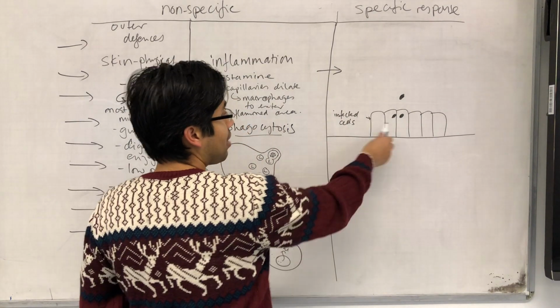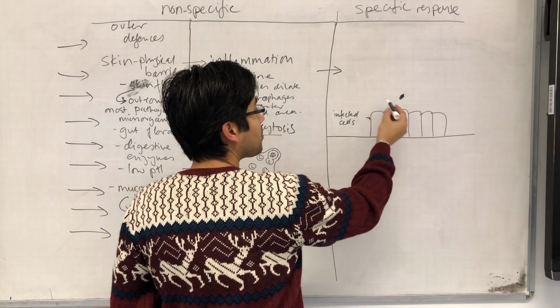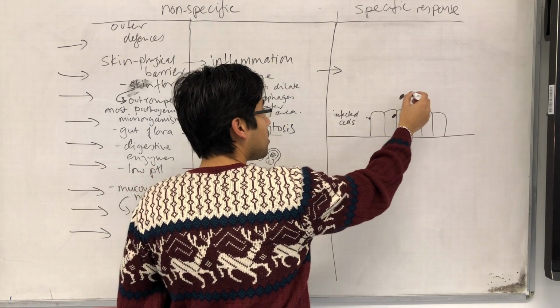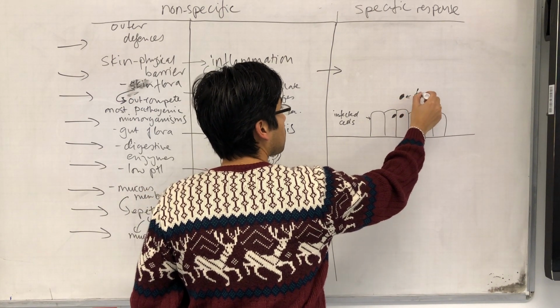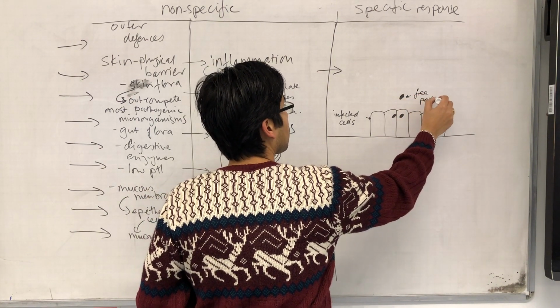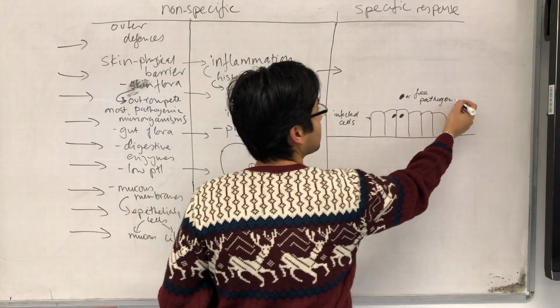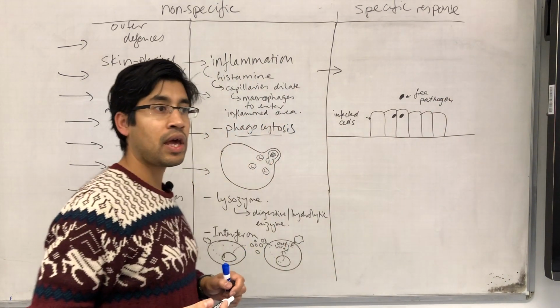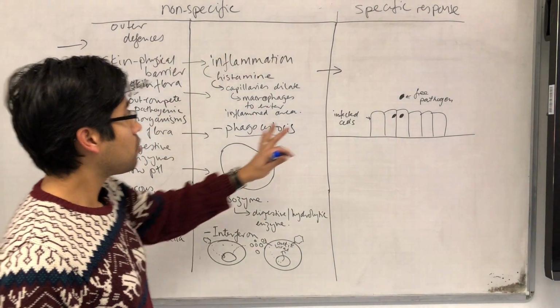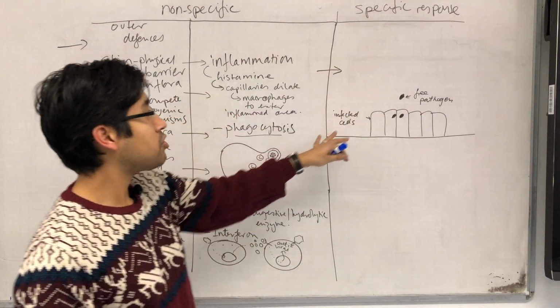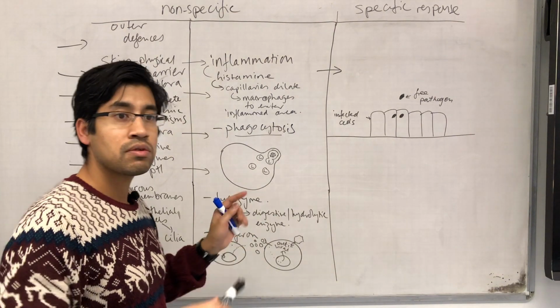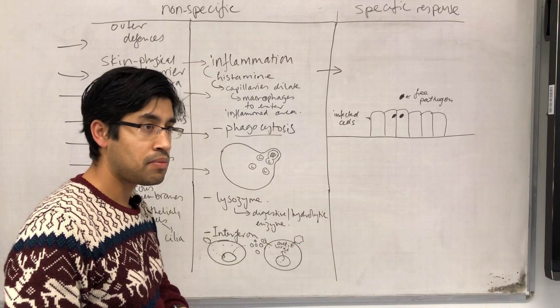Okay? So we have to deal with infected cells and any pathogen that's outside, what I like to call free pathogen. We must eradicate it before it can get into a cell and infect it. So any response has to be able to deal with those two situations. Okay?